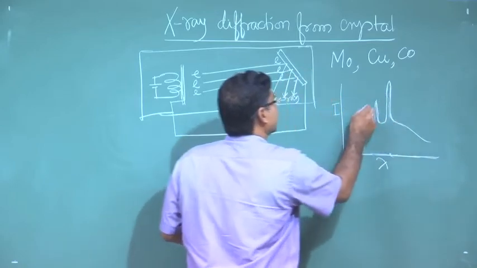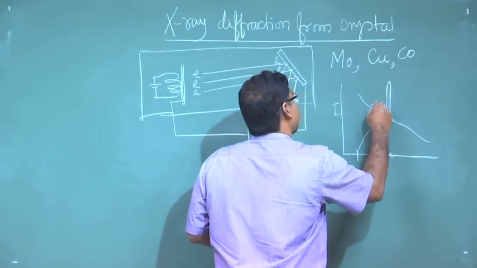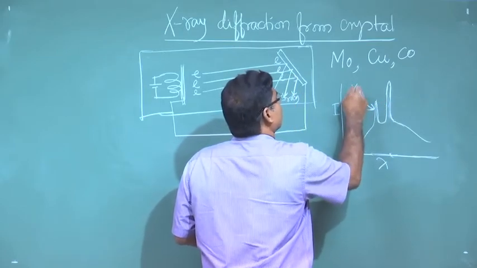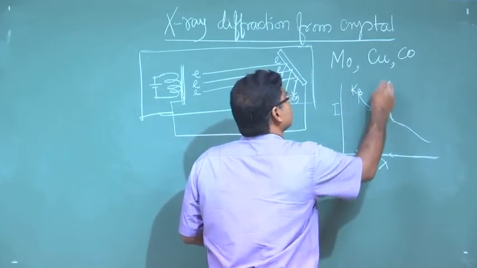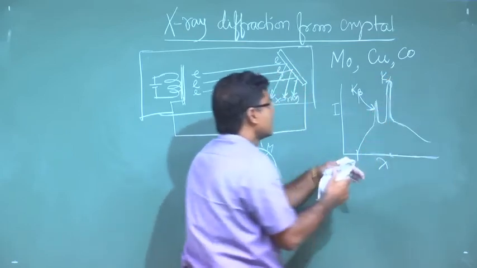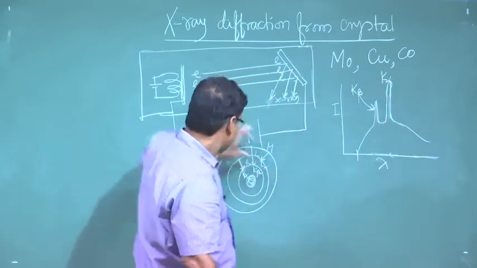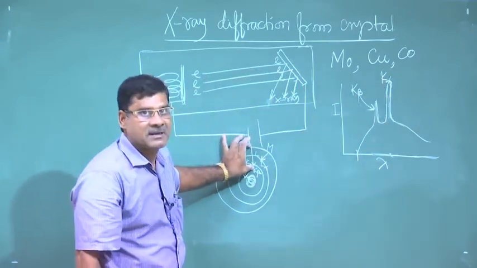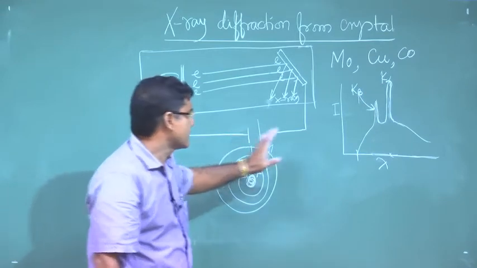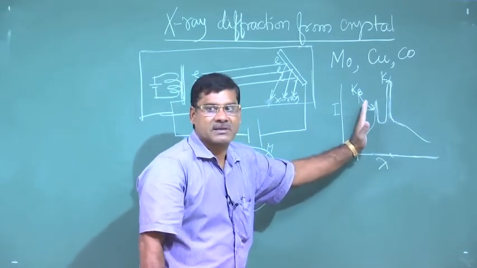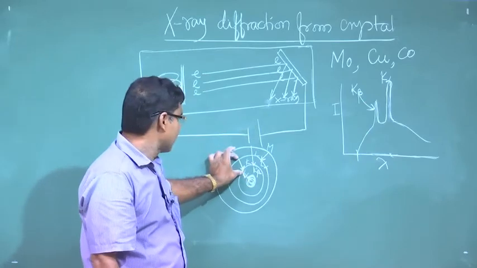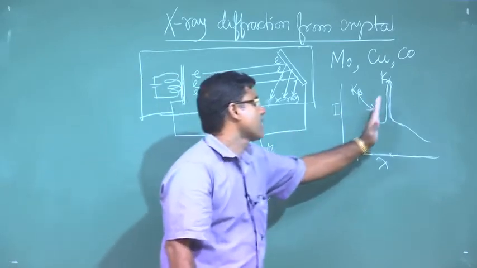So these are the characteristic X-rays, K beta, and this is K alpha. So why is it K beta, K alpha? Because for K beta this energy difference is higher, so the wavelength will be smaller.